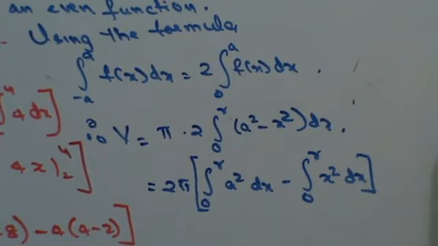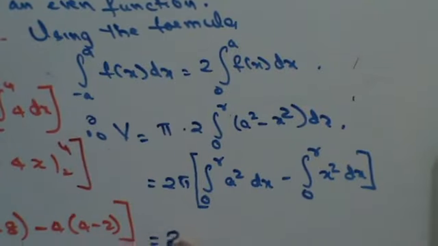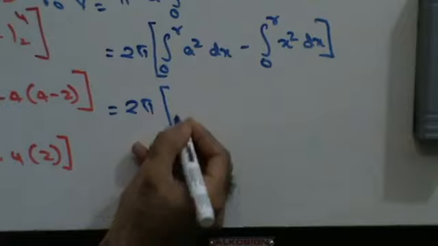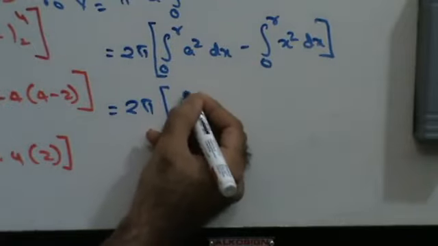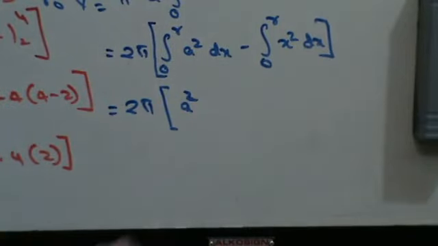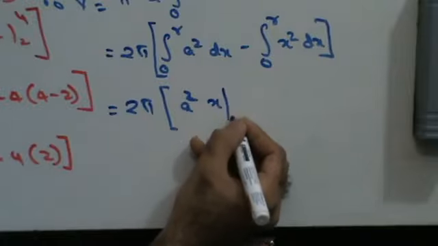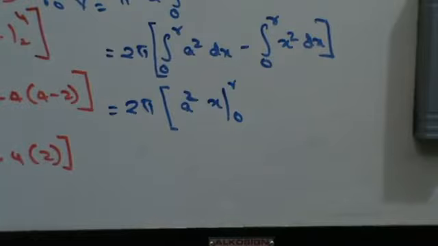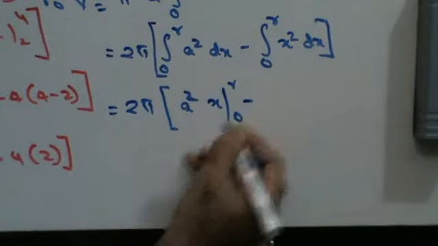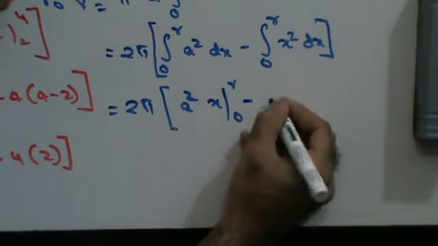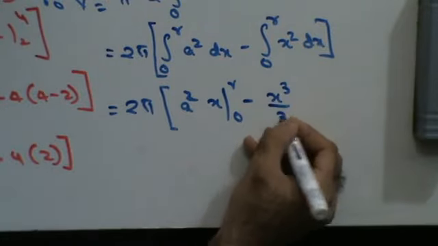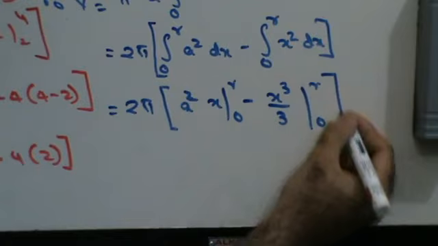Right? So in that case, a square is constant and comes out. So this is 2 pi a square, integral of dx is nothing but x when the limits are between 0 to r, minus x square is nothing but x cube by 3 when the limits are between 0 to r, right?